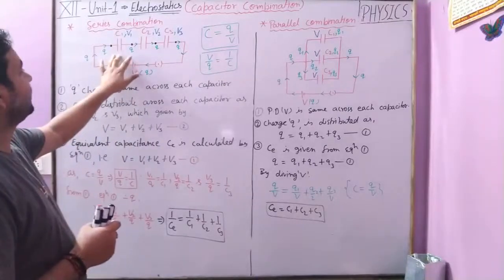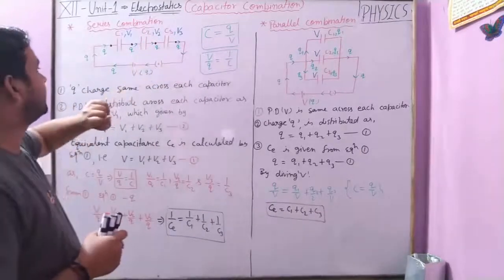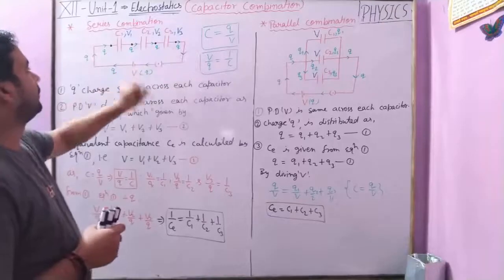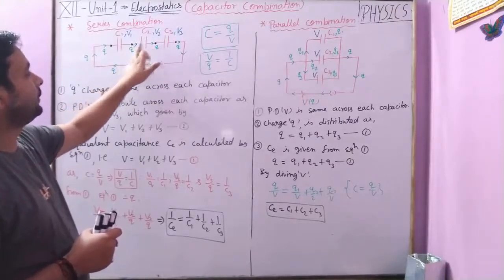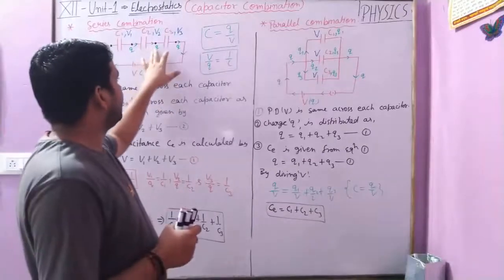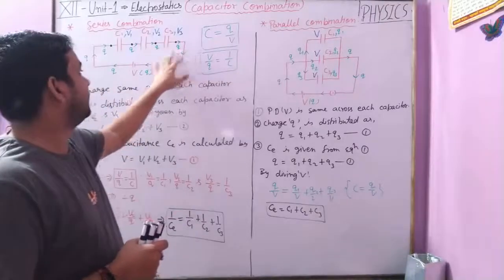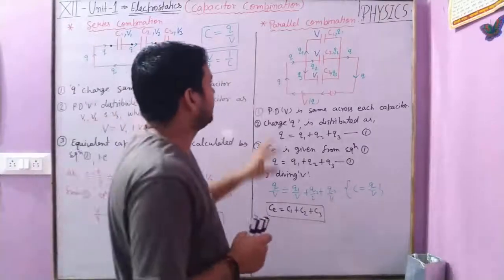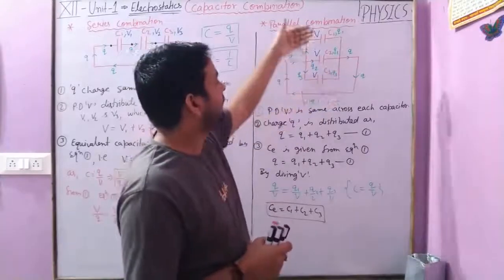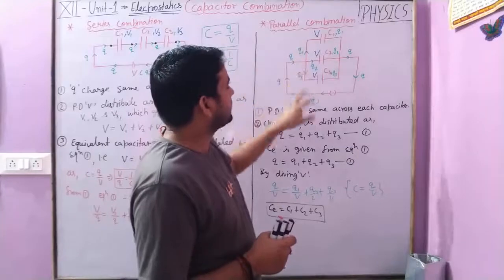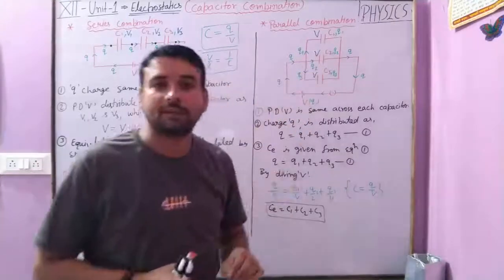Here capacitors of capacitance C1, C2 and C3 are connected one by one, where the second end of the first is connected to the first end of the second, and the second end of the second capacitor is connected to the first end of the third capacitor. This type of combination in which each capacitor is connected across the battery is called a parallel combination.